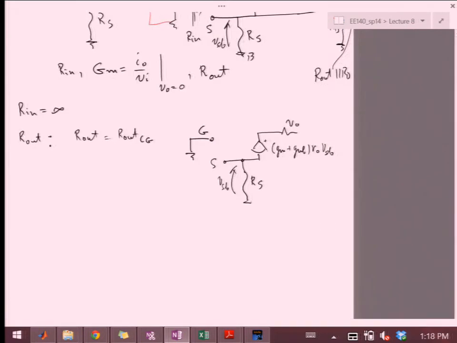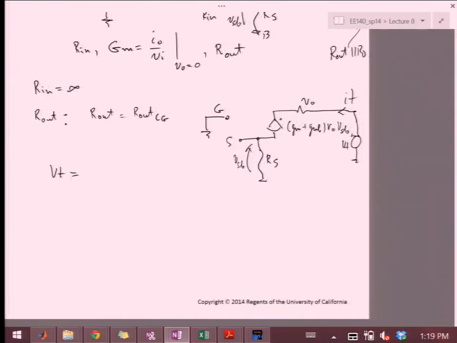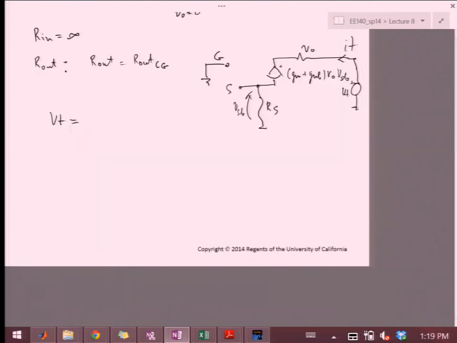Right? So I want to stimulate this piece from VT and measure this IT. But now it's nice because these two are voltage sources. I can easily manipulate that and do a KVL. So VT here is obviously IT dropping on these two resistors.